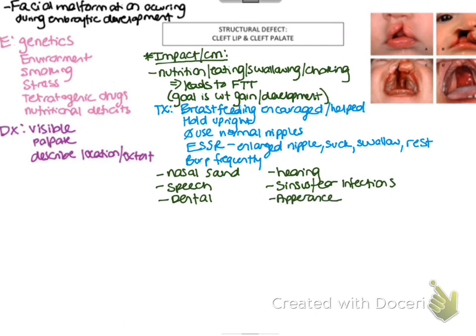And obviously, appearance. Pregnancy is supposed to be super fun and happy, and everyone's excited to hold their brand new perfect baby. When their baby comes out with those kinds of defects, it can be very scary for the parents, and they can have a hard time bonding with them.